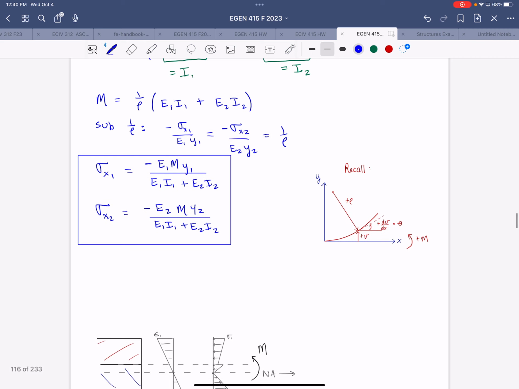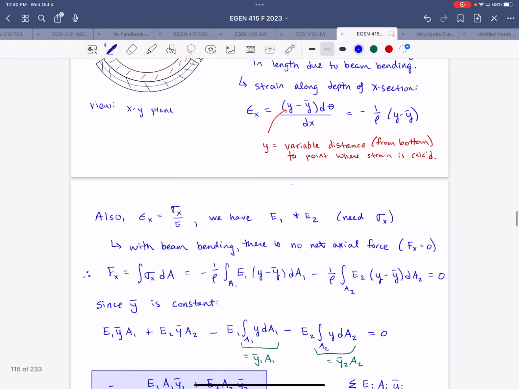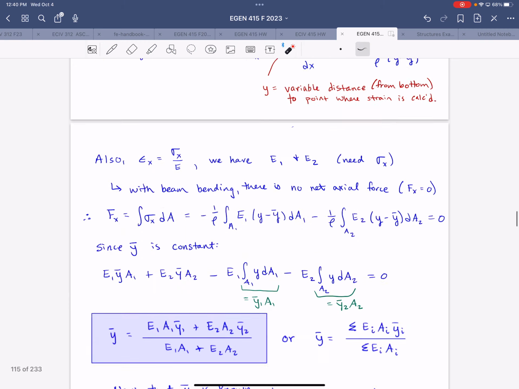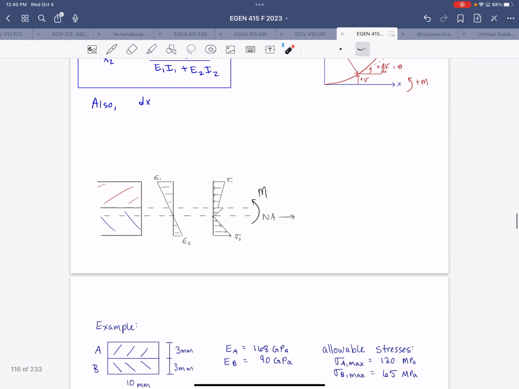Yeah, so a few more comments then. Since dx, which was the original length of that finite length along the beam, this image right here, that would be the length of the neutral axis, also the undeformed length of that finite segment. That's equal to rho times d theta.